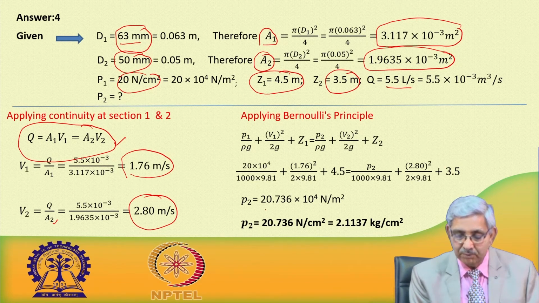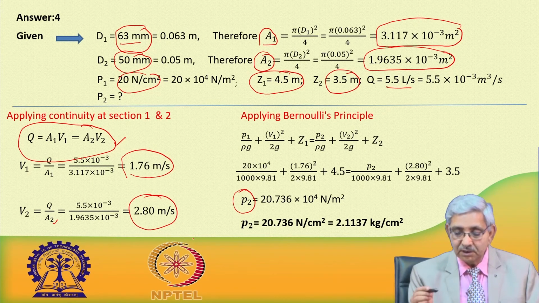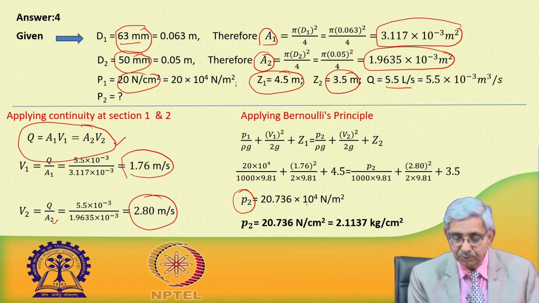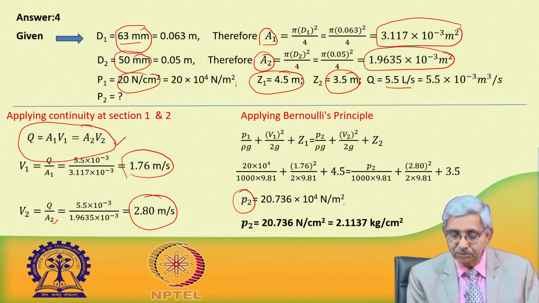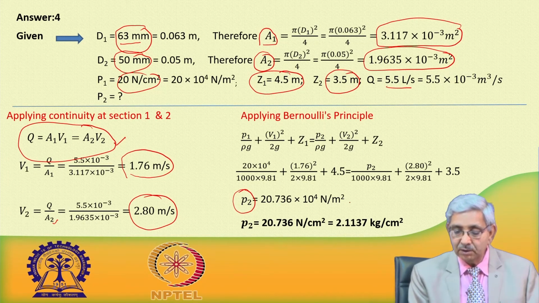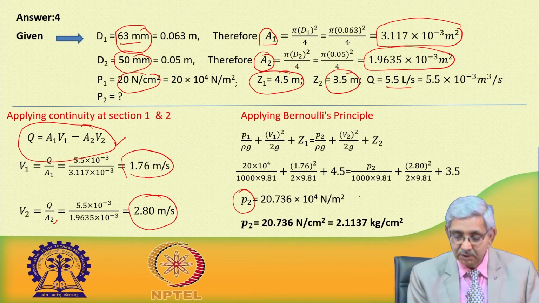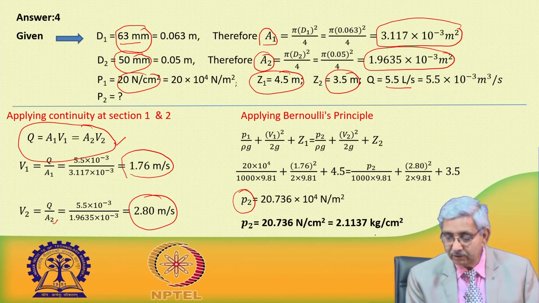So, we have worked out the intensity of pressure at section 2 as 20.736 into 10 to the power 4 Newton per square meter, which can be written as 20.736 Newton per centimeter square.